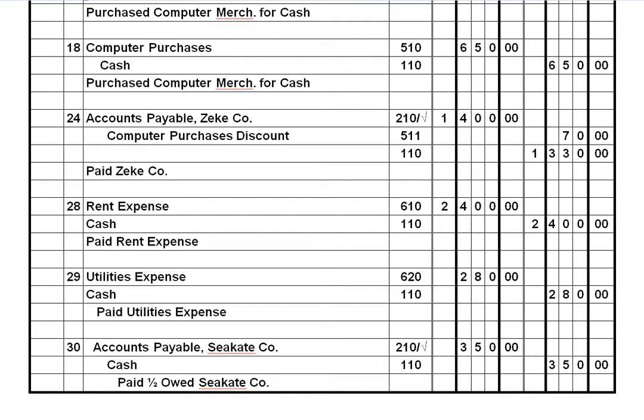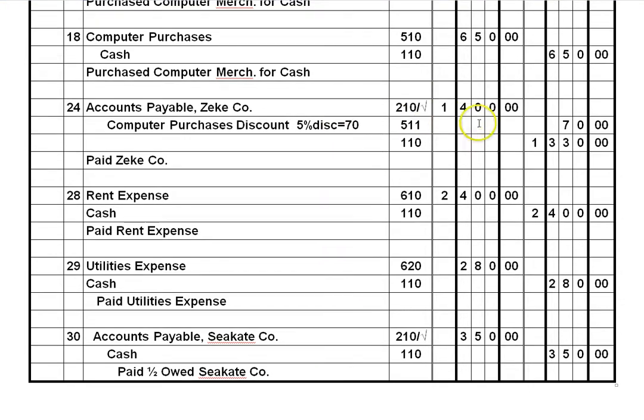Okay, so don't forget it's a 5% discount, and the 5% discount equals $70, which is subtracted from the $1,400 to arrive at the amount of cash that we paid.